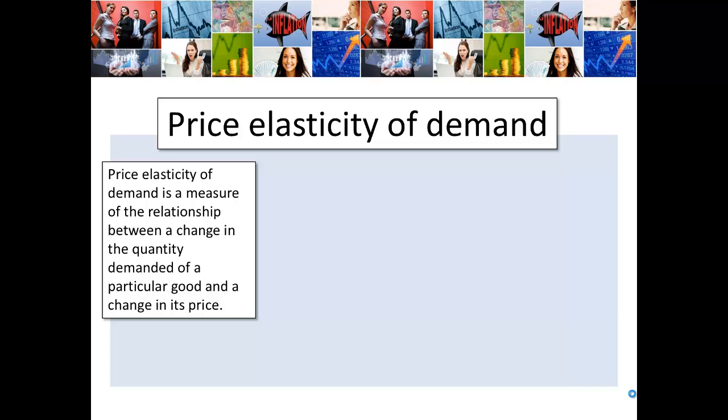Okay, so price elasticity of demand. We know that quantity demanded will change as the price changes, and price elasticity of demand will be informative of exactly how much that quantity demanded will change.